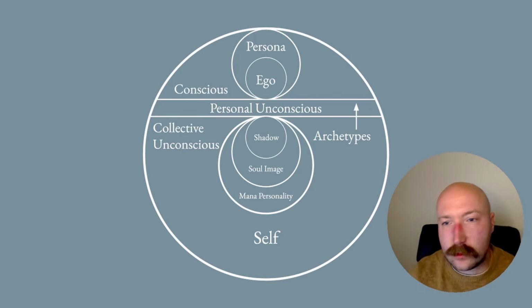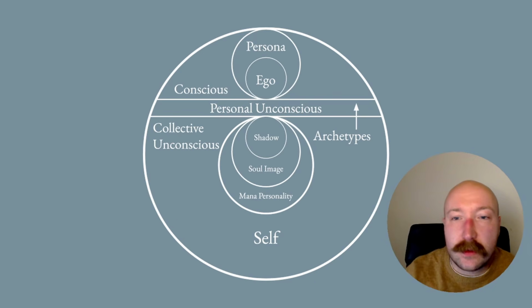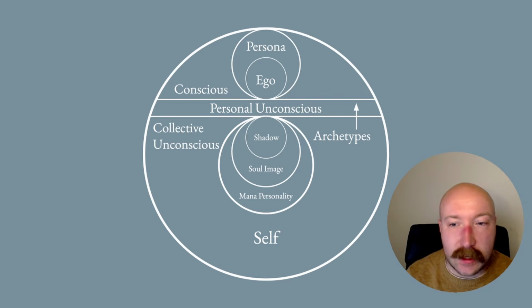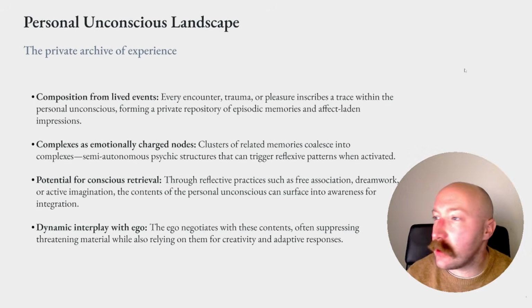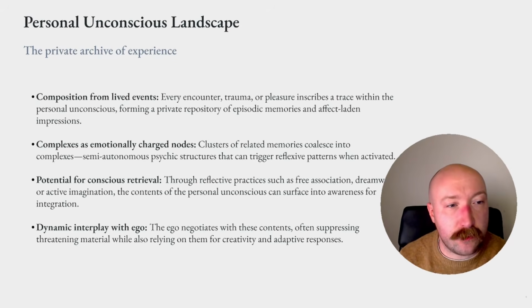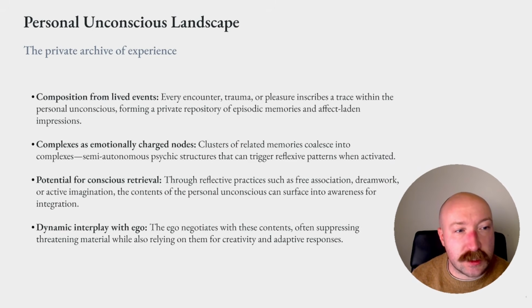Now, all of that is encapsulated within, symbolically again, the self, the capital S self, which is a self-regulating system. Now, we just go through and basically hone in on each one of these parts before we get to the self as the self-regulating system.